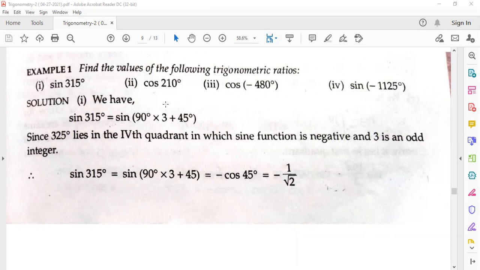It is an even multiple, 90 into 2, so cos will remain cos, but one negative sign will come, as it is the third quadrant. Cos 30 degrees, what is its value? Root 3 by 2. So it will be minus root 3 by 2.